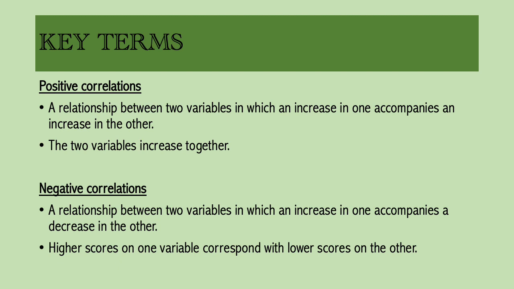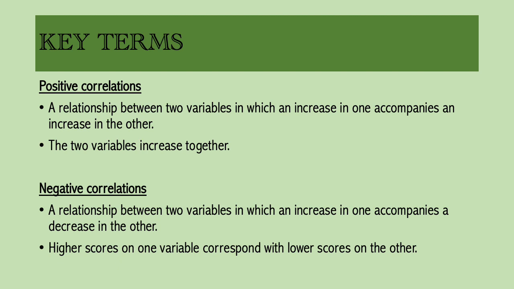So the two variables increase together. So positive correlation means when one variable increases, the other one also increases. Okay, so for example, if attention in class increases, the test score also increases.